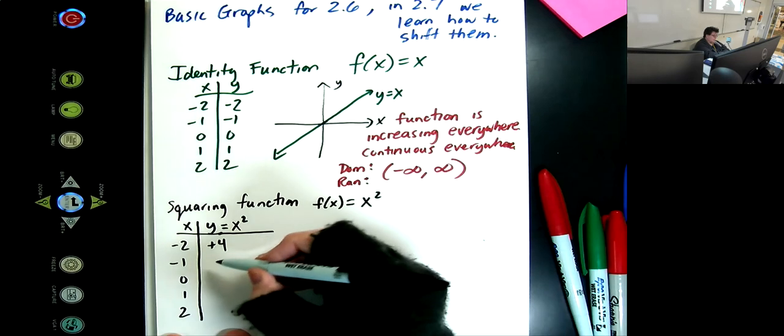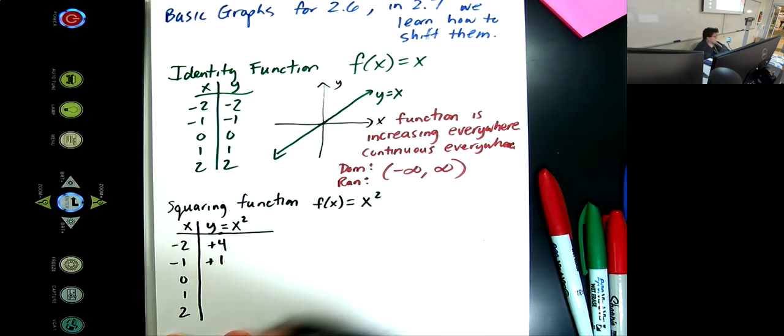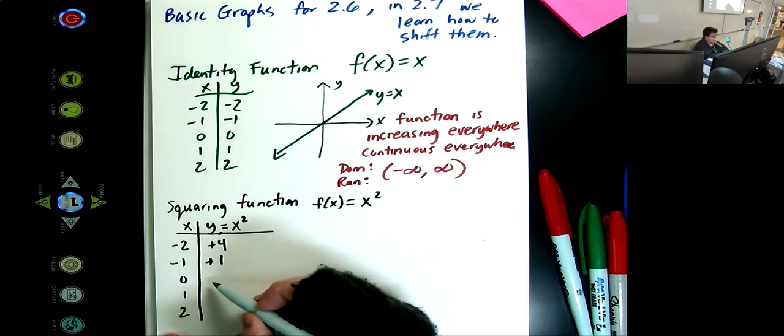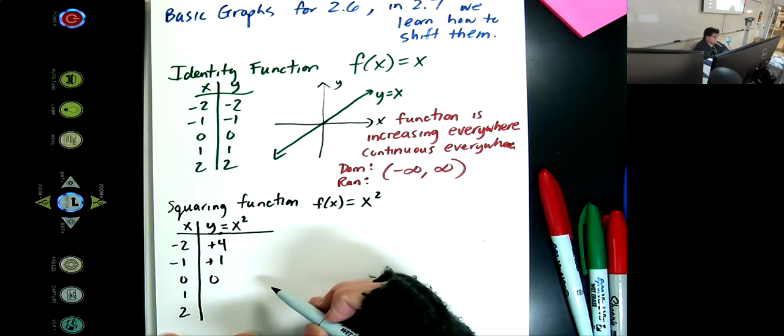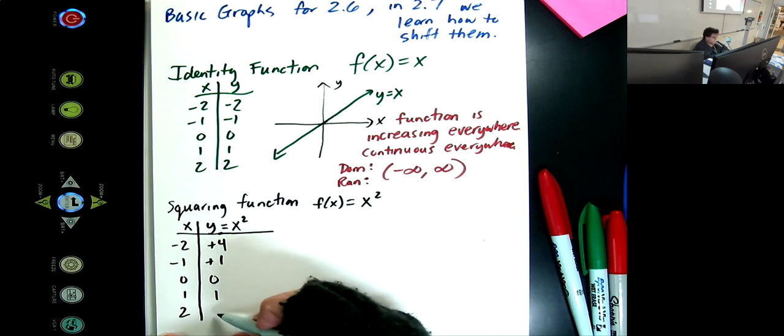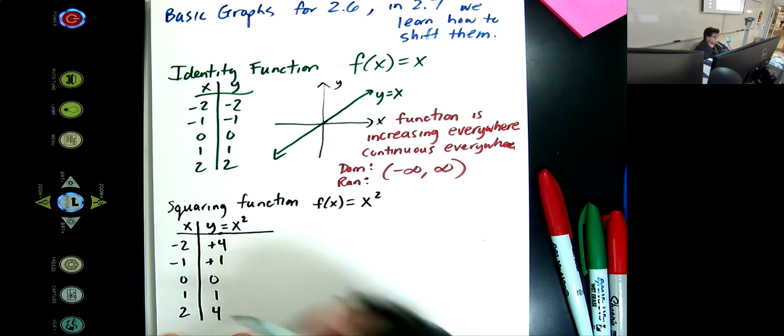If I square negative 1, I get positive 1. Squaring 0 is 0. And for squaring 1 and 2, I get the same values as negative 1 and negative 2, because the squaring just got rid of the negative sign.